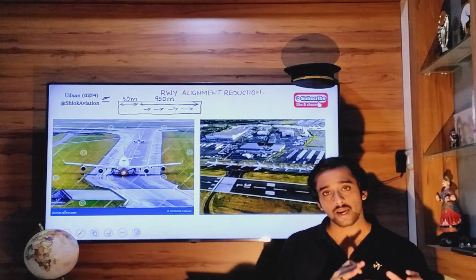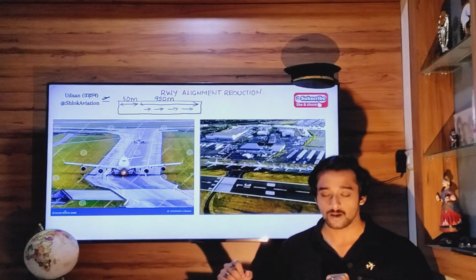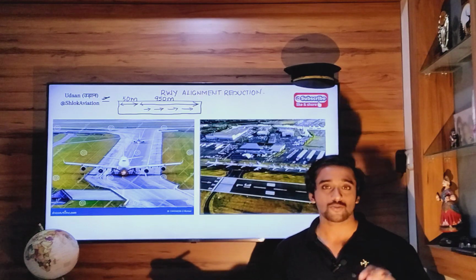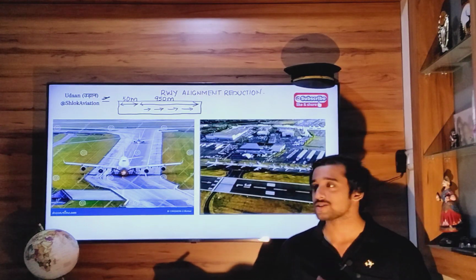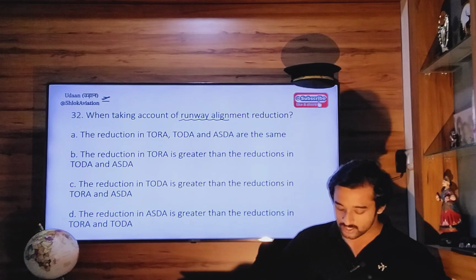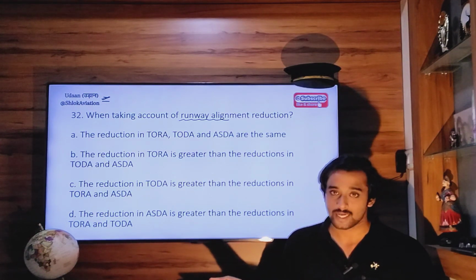Now there are small aircraft, light aircraft, medium size aircraft, and large size aircraft. Small aircraft will not consume a large portion of the runway in lining themselves up with the runway center line.